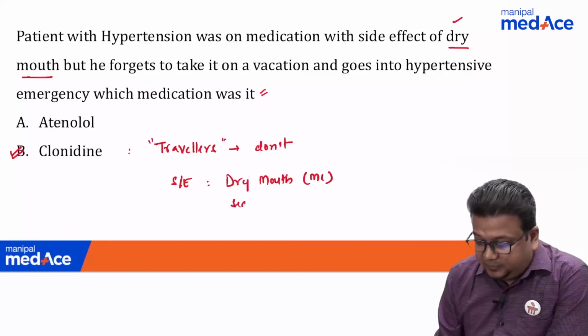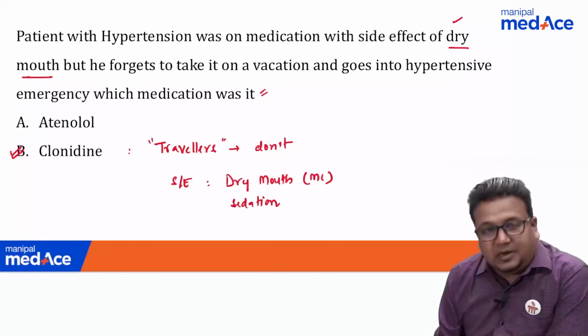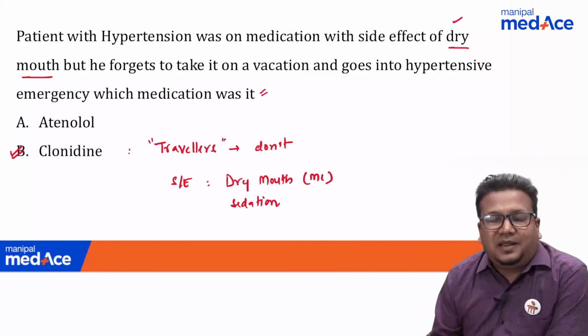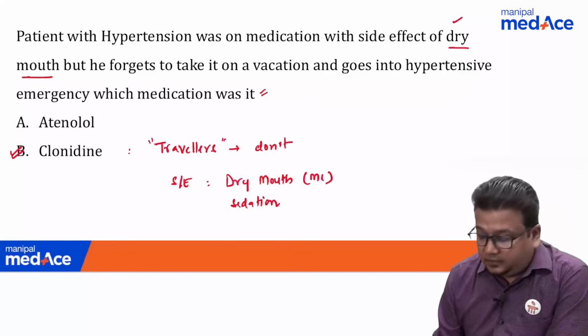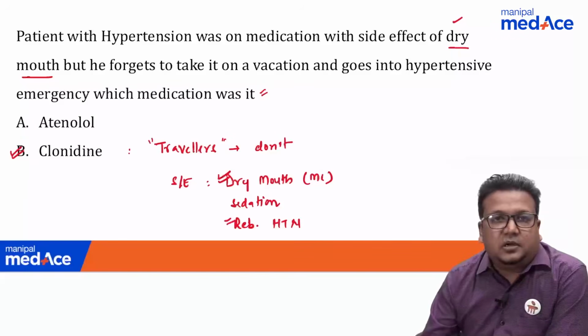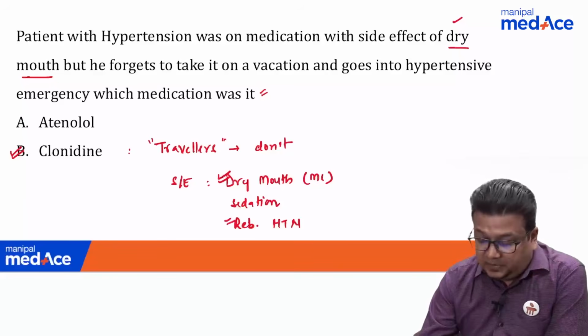Along with that, it produces sedation, which has not been given in this question. But if you stop it suddenly, like the traveler who forgets to take it during vacation, it causes rebound hypertension. So rebound increase in BP is seen. So dry mouth and rebound hypertension are 2 points mentioned in this particular question.